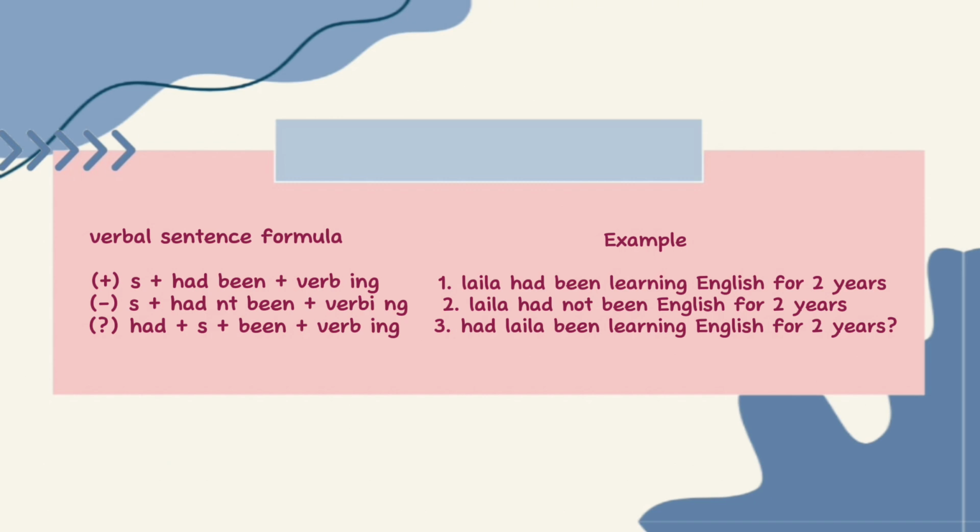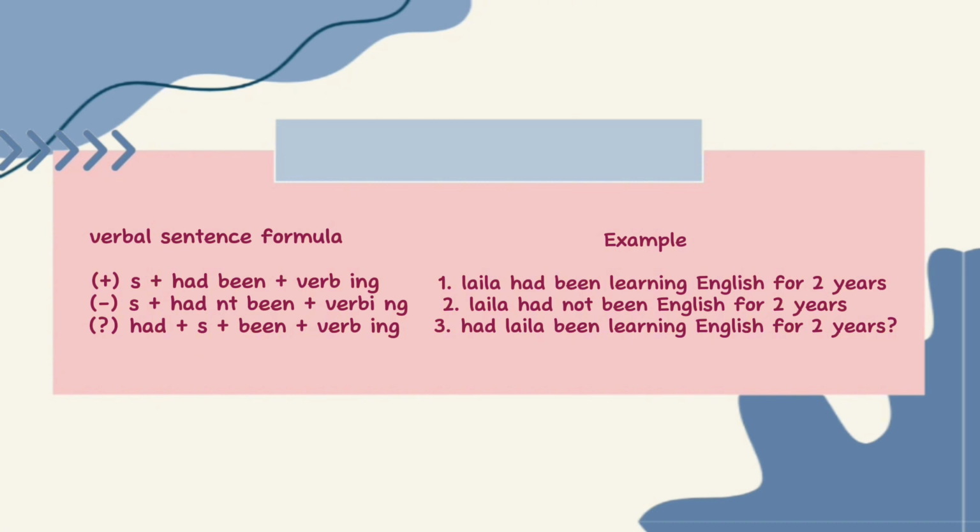If it is a negative sentence, as usual because this sentence contains the word not, you just need to add not in the middle of the formula. The arrangement becomes subject plus had not been plus verb ing. For example, Laila had not been learning English for 2 years.